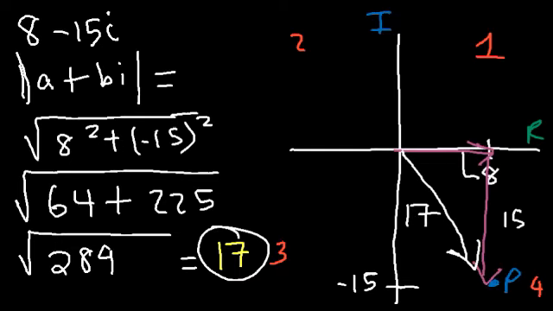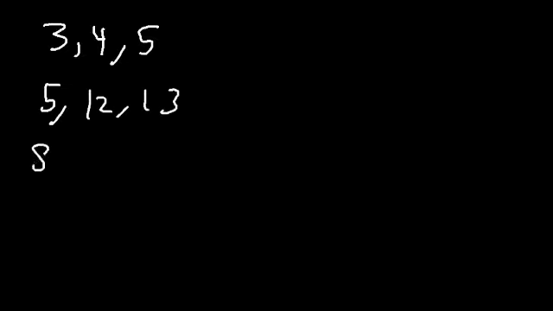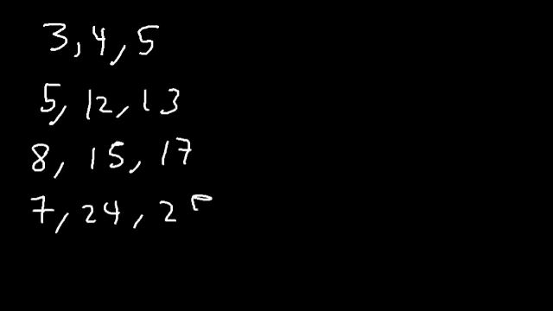It helps to know your special triangles. So far we went over 3 of them. There is the 3, 4, 5 triangle. 3 squared plus 4 squared equals 5 squared. We talked about the 5, 12, 13 triangle. There's the 8, 15, 17 triangle. There's also the 7, 24, 25 triangle. These are the 4 most common right triangles that you'll encounter.